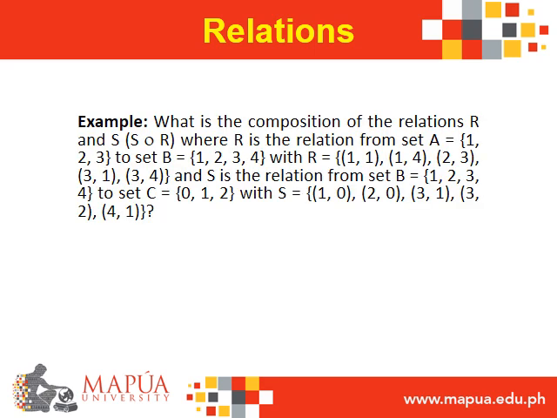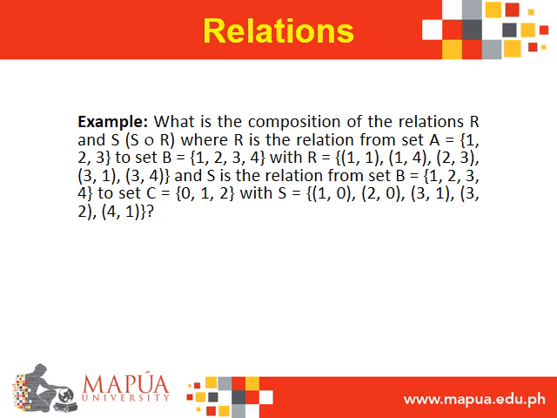Let's take, for example, the composite of relations R and S, whereby relation R is taken from set A to set B, set A containing values 1 to 3 and set B containing values 1 to 4, forming the ordered pairs (1, 1), (1, 4), (2, 3), (3, 1), and (3, 4).